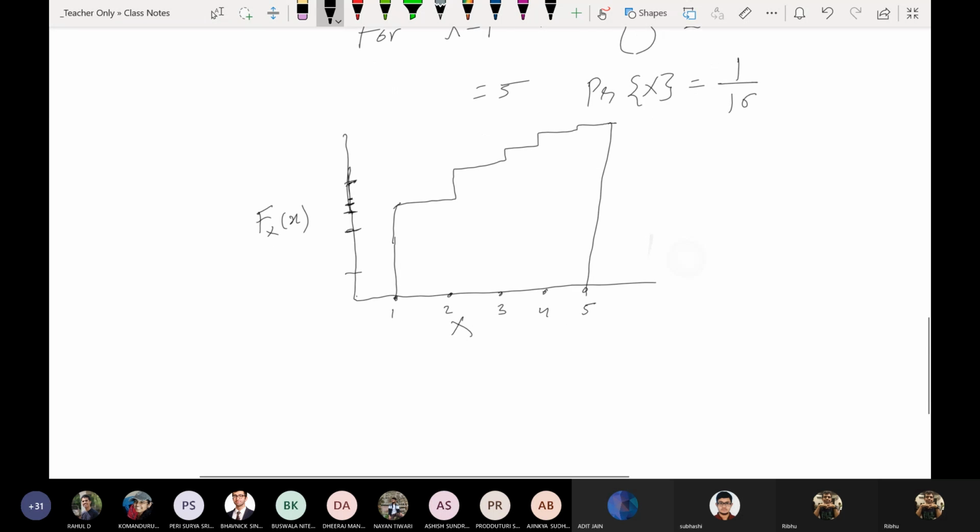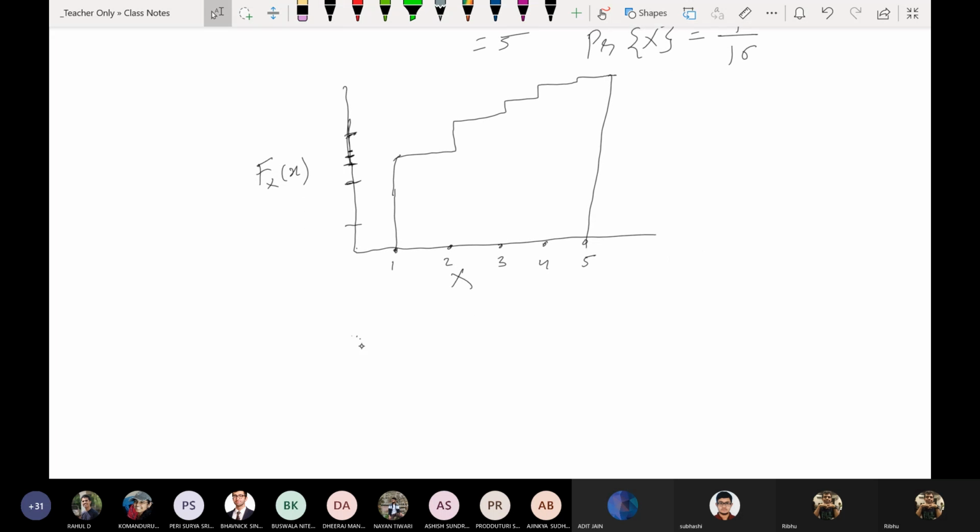Fine. So now if I differentiate this, the CDF is basically summation k equal to 1 to 4 of 1 upon 2 to the power k times u of x minus k, plus 1 upon 16 u of x minus 5. Fine. This is the CDF.